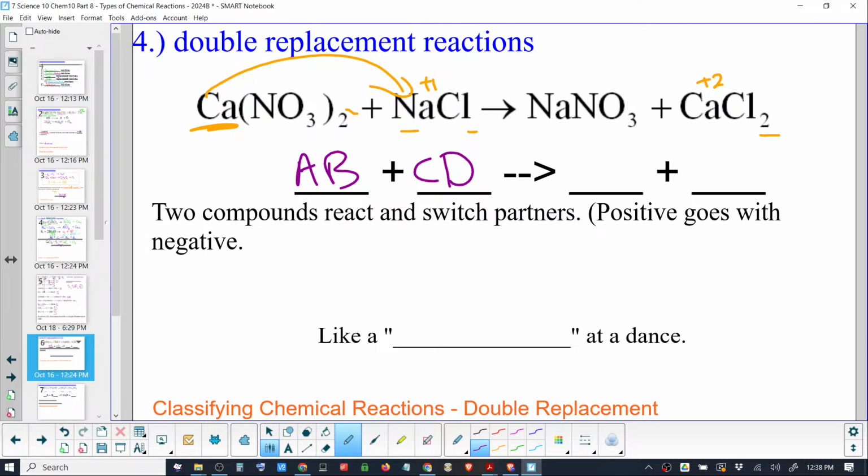D. So you get AD. And what will the other product be? BC or CB? It would have to be CB because that is the metal, and that is the non-metal.